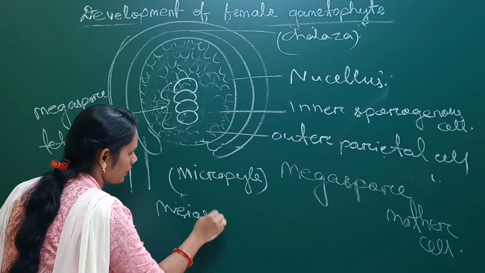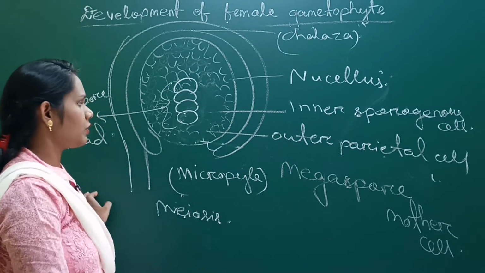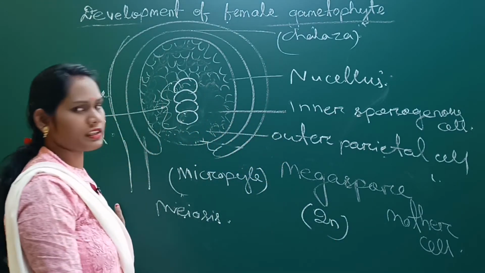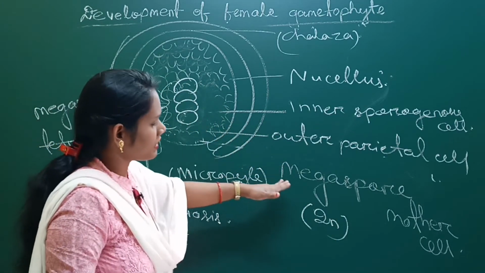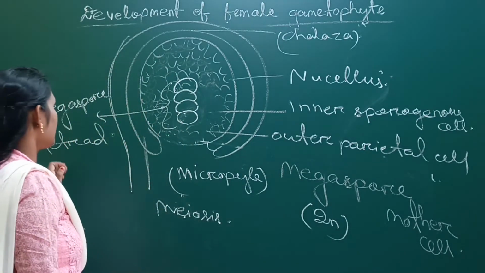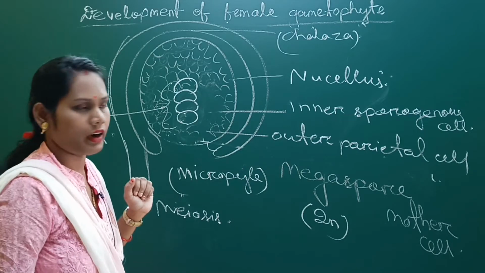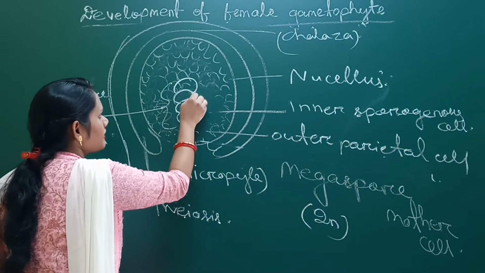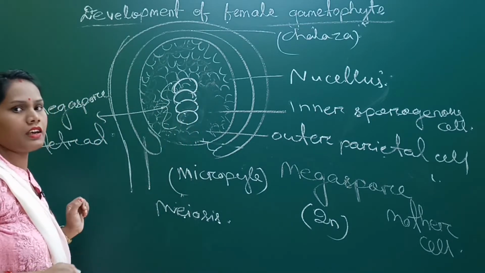The megaspore mother cell is diploid, and this diploid megaspore mother cell divides meiotically to form the megaspore tetrad. These megaspore tetrads are arranged in a linear vertical row.